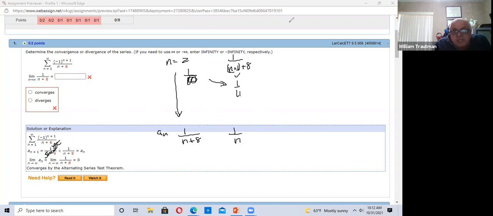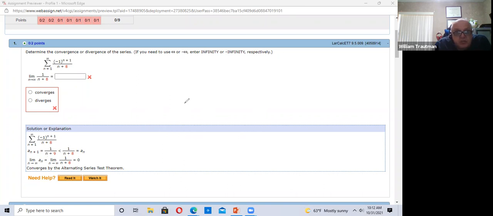than the previous n. Now, if I look at just the n then, 1 over n plus 8 and 1 over n, and don't forget we can do the comparison test, as the limit as n approaches infinity, this approaches 0.